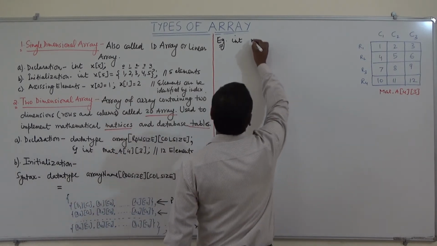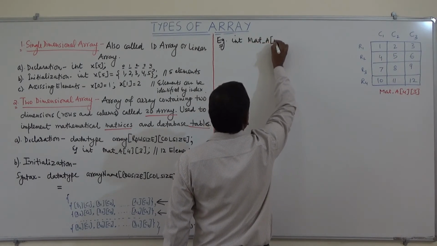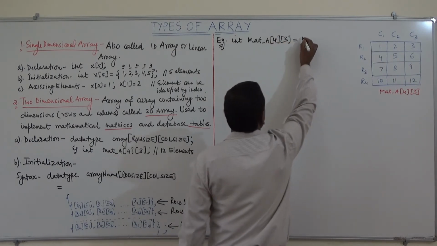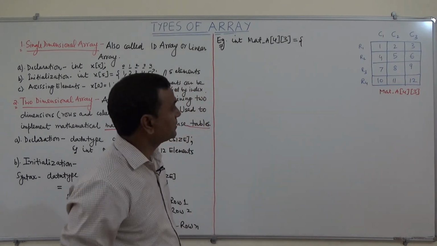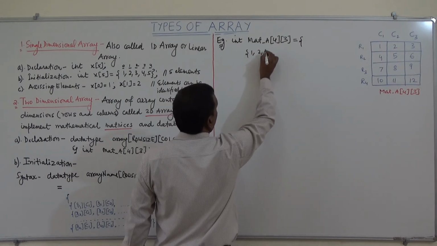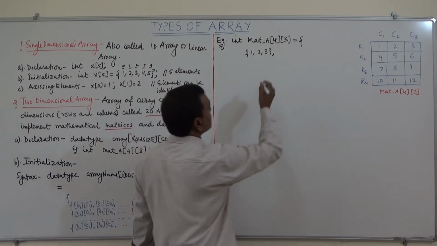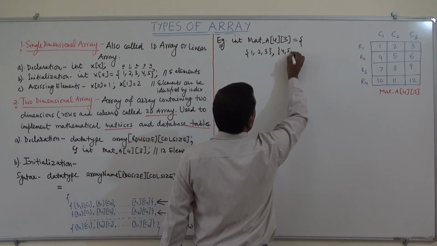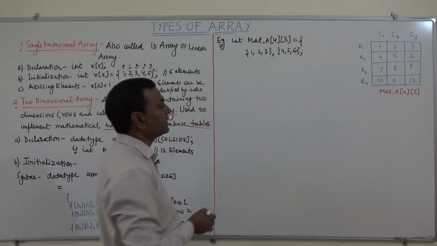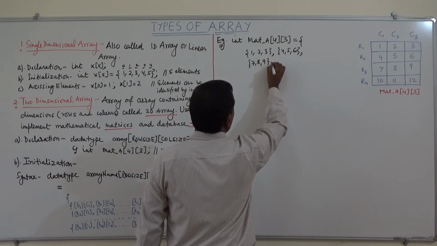So we can write int matrix A 4 3 equals to, first row elements are 1, 2 and 3, second row elements are 4, 5 and 6, in third row elements are 7, 8 and 9.